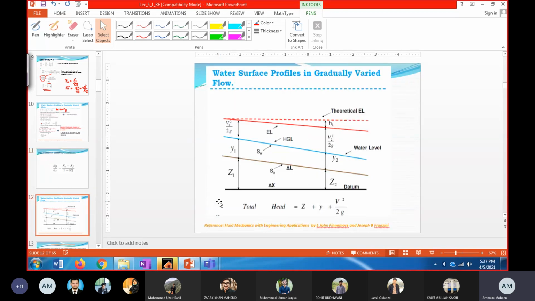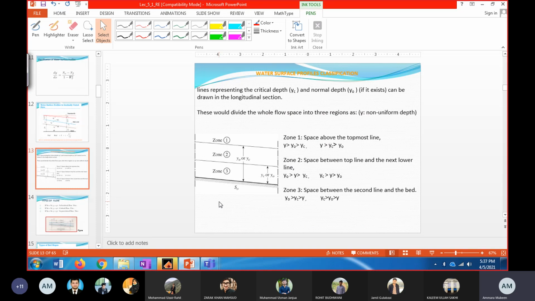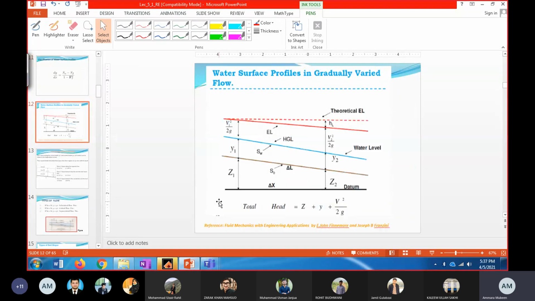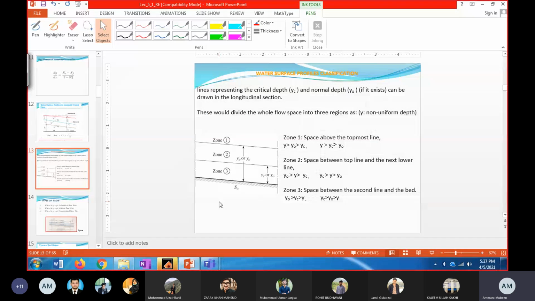So the next topic is water surface profile classification. But before going further, let's see the terminologies which are included in the classification of water surface profile.